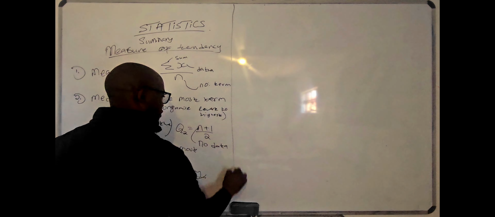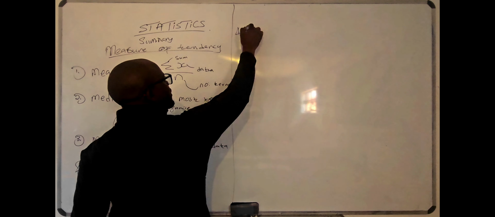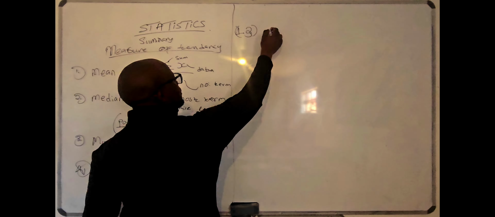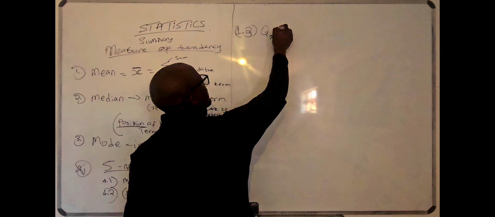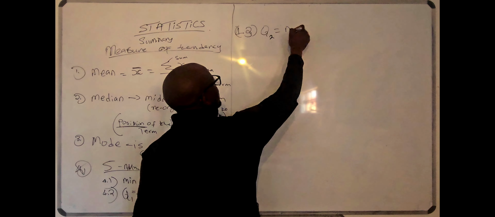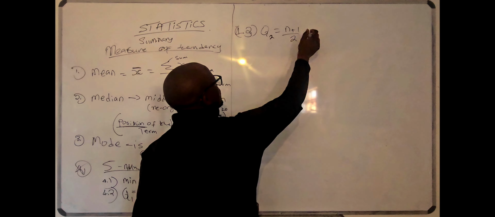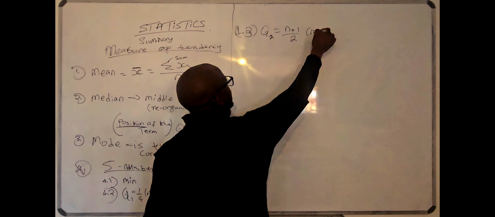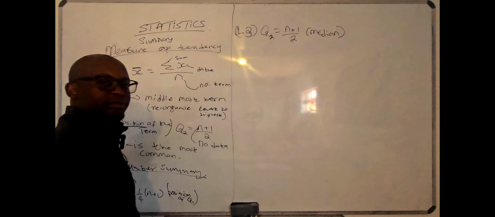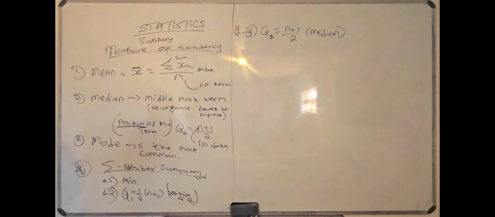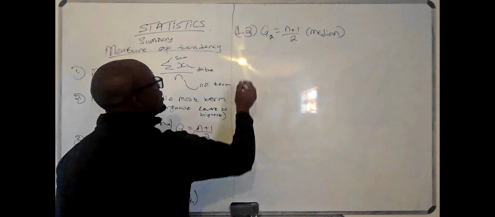Q1 is the lower quartile. Therefore, you've got 4.3, which is Q2. This one is given by n plus 1 over 2. Q2 is the median. That formula gives us the position of the median.